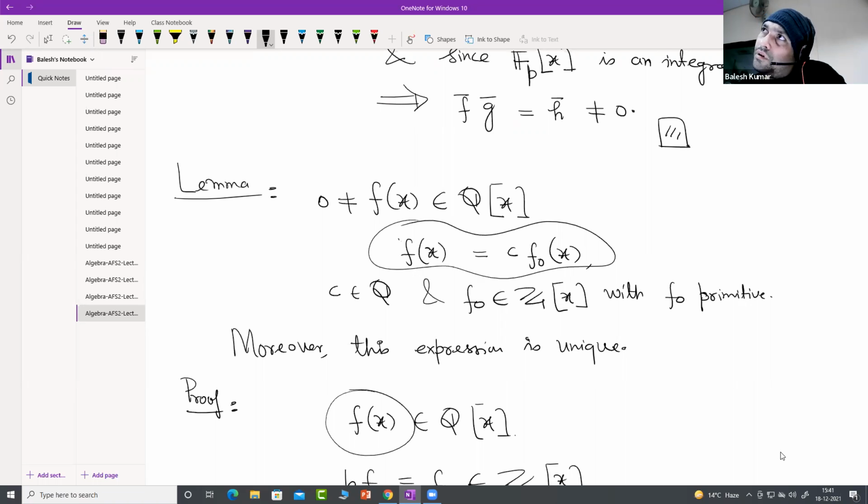But in general, if you have many units, you may not be able to properly normalize. For example, the notion of positiveness may not be there in any unique factorization domain. If you are in the case of real numbers, you have the notion of positiveness.